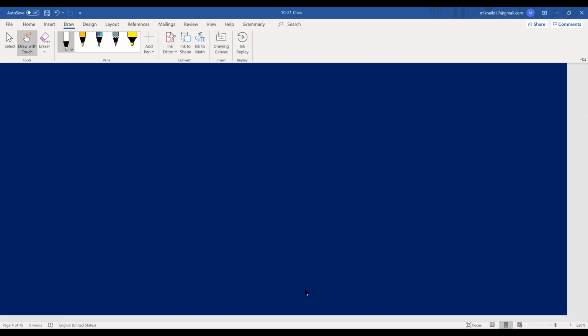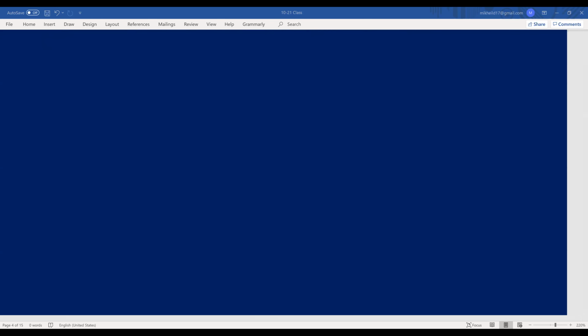Okay, so let me copy the next problem, which is 5.2.